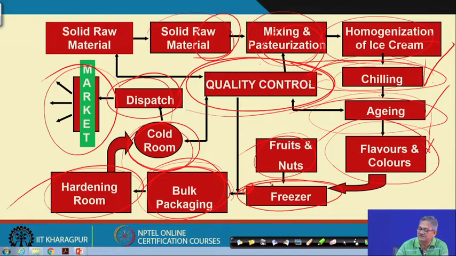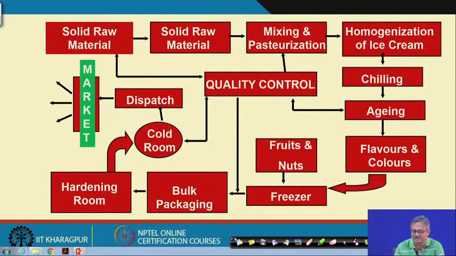Then flavors and colors are added, then fruits and nuts come into the freezer before it exits, then packaging. So at every stage quality control is being considered, and this controls the quality of the product.